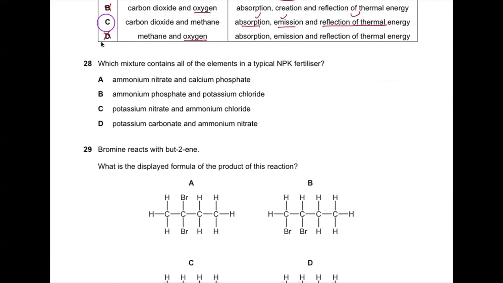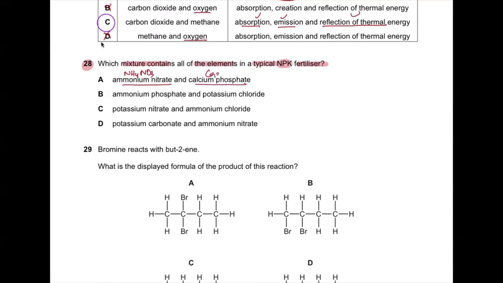Now MCQ number 28. Which mixture contains all the elements in a typical NPK fertilizer? NPK means nitrogen, phosphorus, and potassium. Ammonium nitrate has nitrogen only.